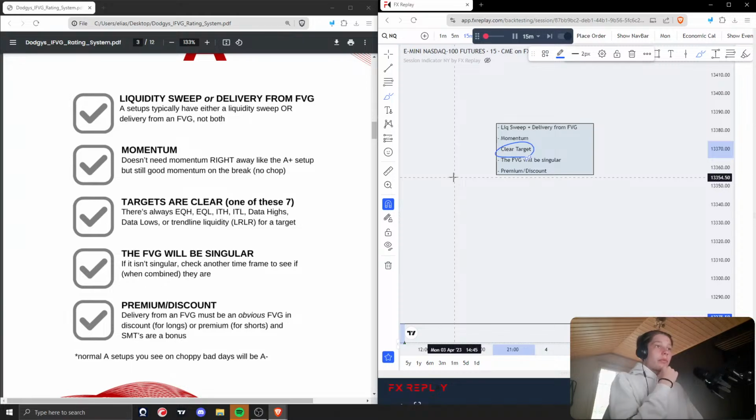The fair value gap will be singular. Same stuff. Premium or discount. Delivery from an iFVG must be an obvious fair value gap in discount for longs or premium for shorts. And SMTs are a bonus.